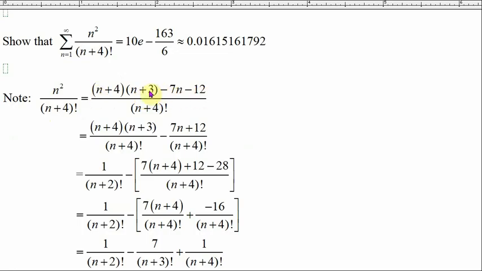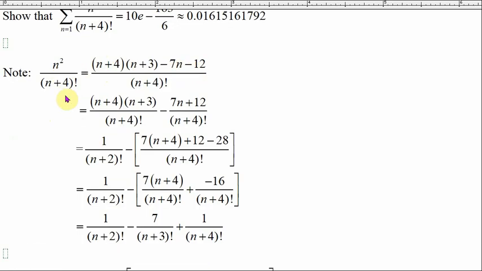If we simplify this part right here, this is n squared plus 7n plus 12, and then minus 7n minus 12, then we get n squared. And we can rewrite this as the factor (n plus 4) times (n plus 3) over (n plus 4) factorial, and then minus (7n plus 12) over (n plus 4) factorial.